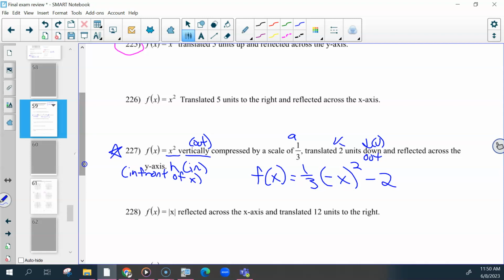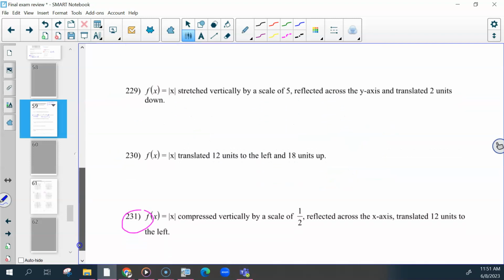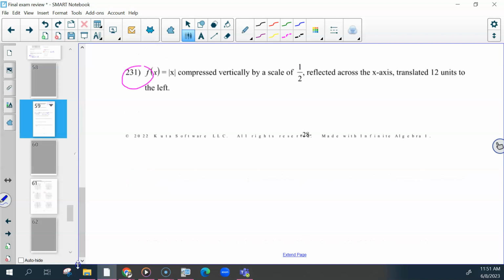Other questions for this page? So for 31, our parent function has changed. It's now absolute value, so it'll be the second equation. Compressed vertically, that's outside.